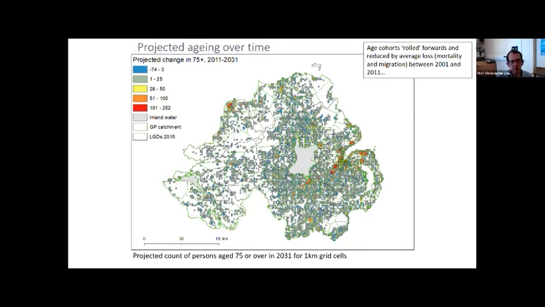So this is an estimate of the increases or decreases in the population aged 75 plus between 2011 and 2031. It's only an approximate thing, but it's numerical, it's not percentage based. So in these parts of South Belfast, for example, you can see a numerical increase in those aged 75 plus. In other areas, there may be a numerical decrease or only a very small increase, which is what's represented by the kind of greeny turquoisey shade.